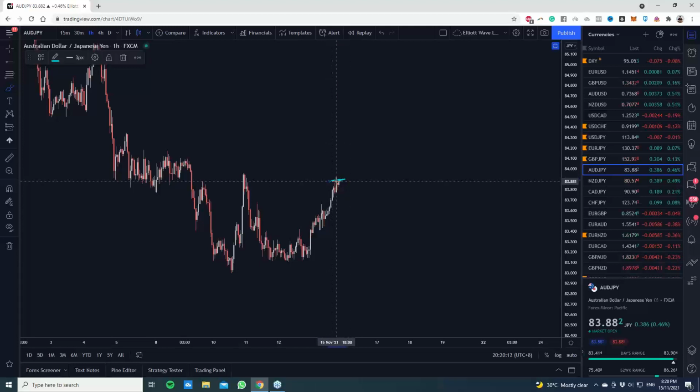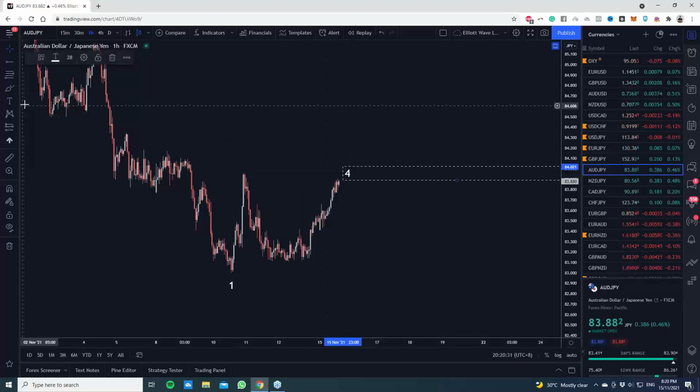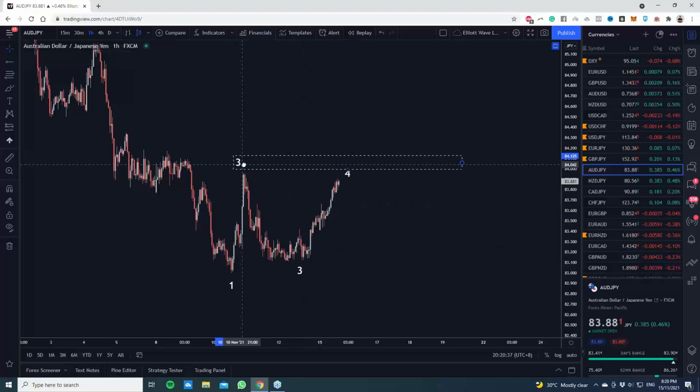If you take a look at it right now, this is where the market is currently trading. Before it reached this high, it was at this low, so it came up. Before that, it came down. Before that, it went up. So if you start to establish this, I can start with where we are right now. This is our fourth point, then we have our third point over here, and our second point at the top over here.